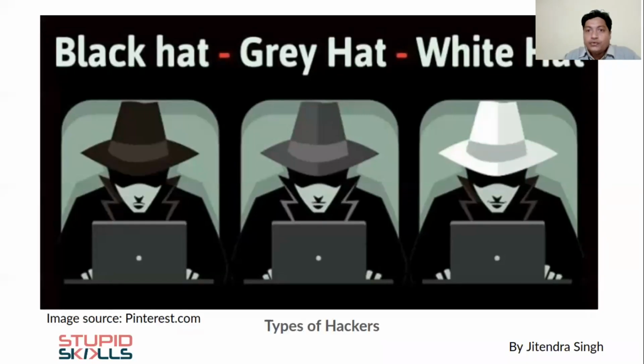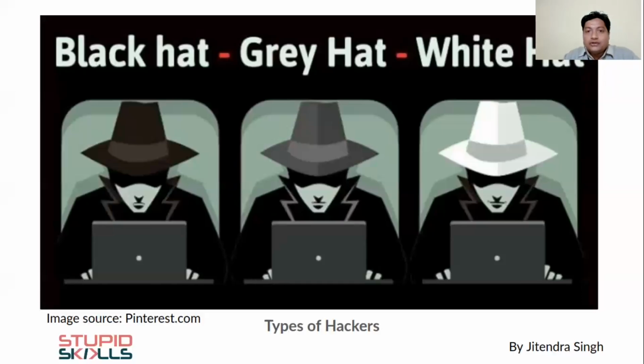So what you would find in the community is that there are basically three types of hackers. One is called black hat, another one is white hat, and one is called gray hat. The other types that I've already mentioned are script kiddies, hacktivists, and other politically motivated people. Generally you would see that all good guys are considered as white hats, bad guys are considered as black hats.